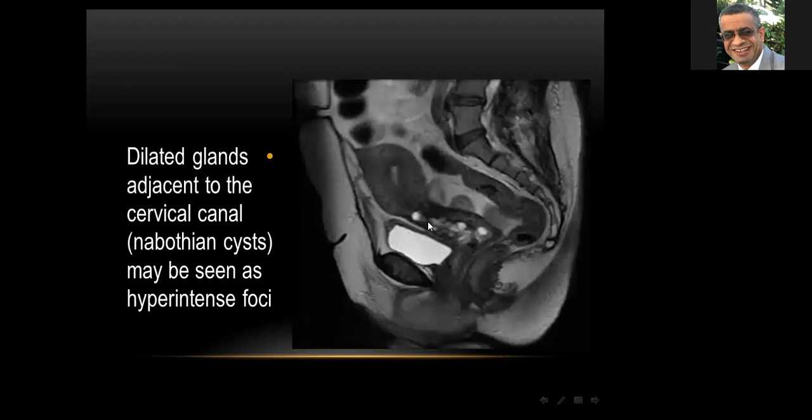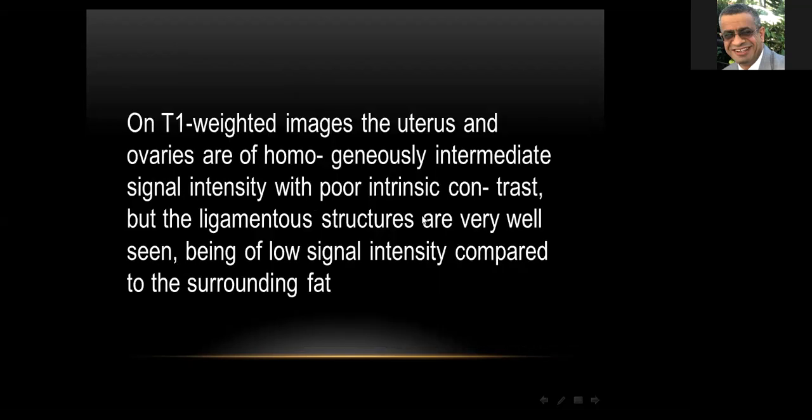Dilated glands adjacent to the cervical canal, Nabothian cysts, may be seen as hyper-intense foci. On T1 weighted image, the uterus and ovaries are of homogeneously intermediate signal intensity with poor intrinsic contrast, but the ligamentous structures are very well seen, being of low signal intensity compared to the surrounding fat.